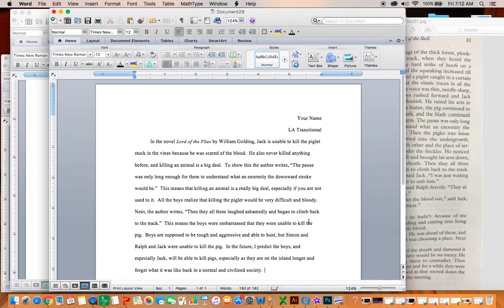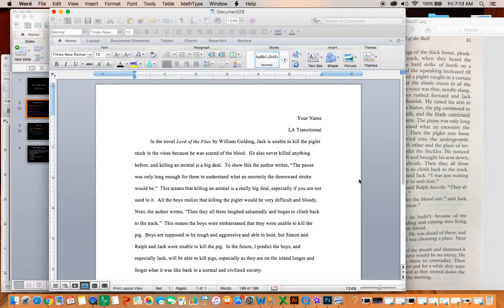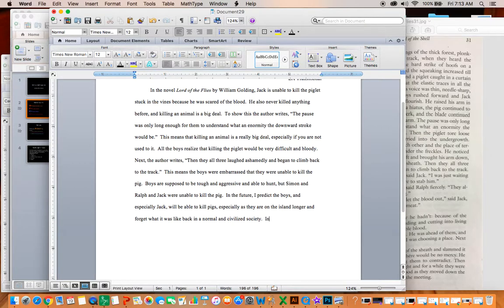All right, so that was more explanation, and now our last part of APES is we just need to summarize our response. In conclusion, Jack was unable to kill the pig this time because he was scared, but in the future, the pigs will not stand a chance.